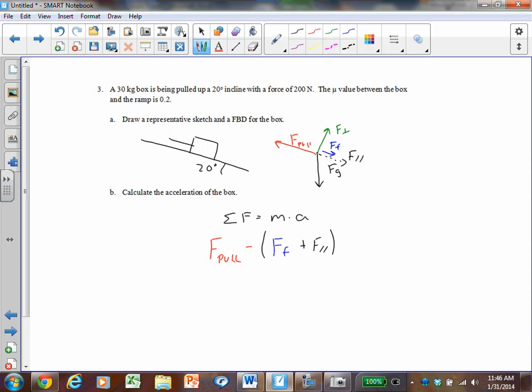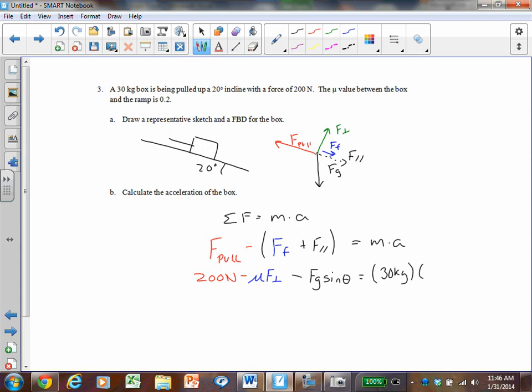Those are both working against the pull, right? Equals M times A. Well, we know what the pull is. It's given, 200 newtons, minus F friction, which would be mu F perpendicular, minus, if you distribute the minus, F parallel, which would be FG sine theta, equals the mass, which is 30 kilograms, times A.